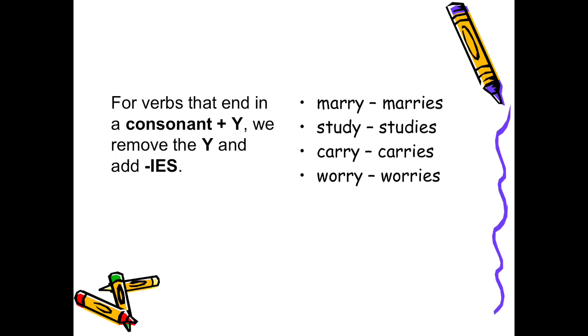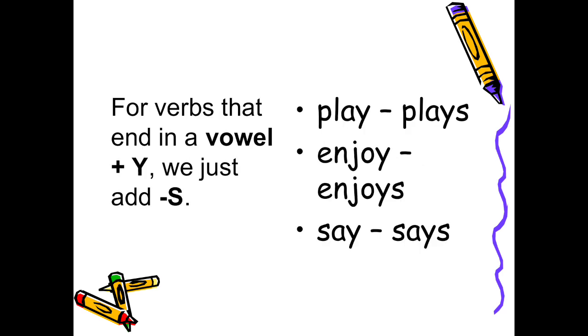So she marries. Okay, she studies properly every day. She studies regularly. So when you are having a consonant in front of y, you will be adding ies to the verb.